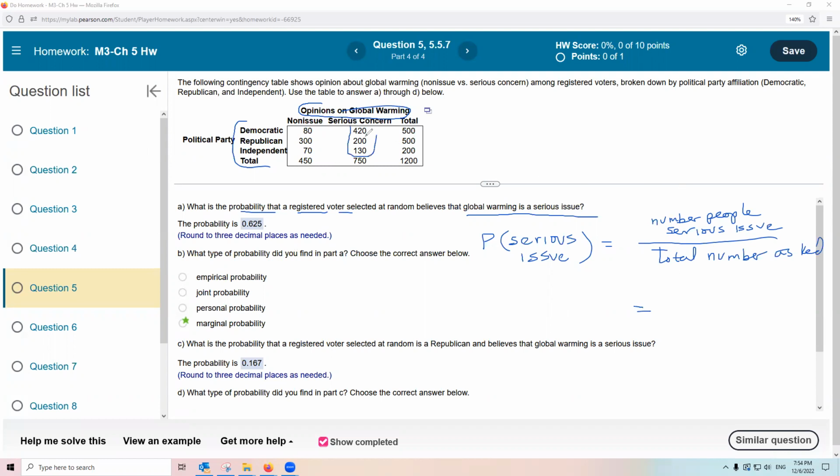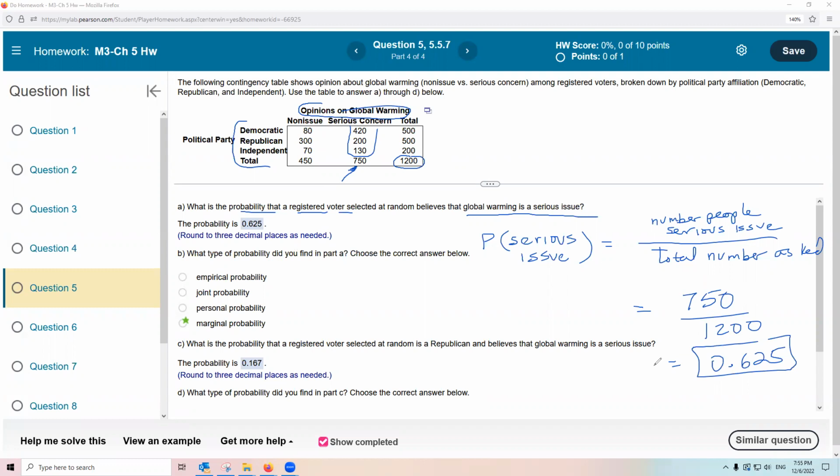All of these people think global warming is a serious issue. Well, they added up this column for us at 750. So a total of 750 people think global warming is serious. How many people did we ask in total? Well, this whole table represents 1,200 people. So I'm going to work out 750 divided by 1,200. That works out to be 0.625.